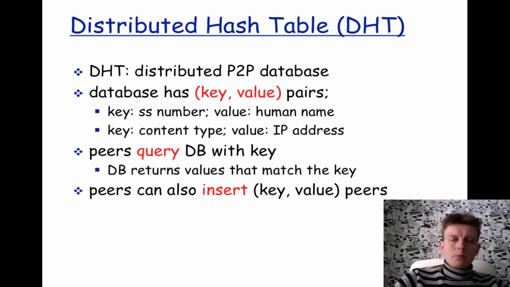So think about the following problem. We have a peer-to-peer network, so all peers contain information that we are potentially interested in. The question is, how do we find where the information interesting to us is located?